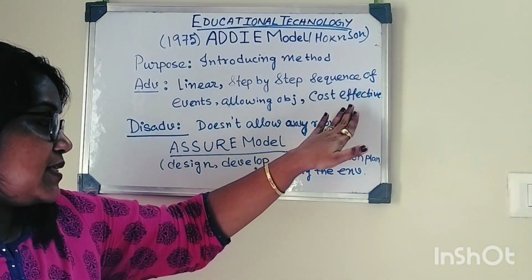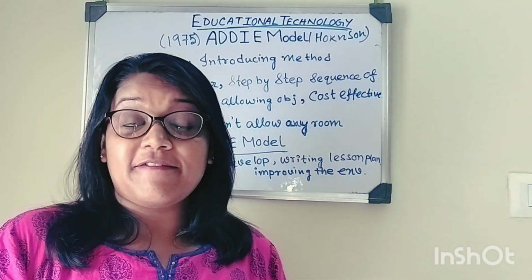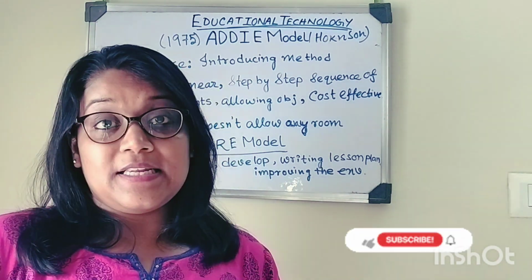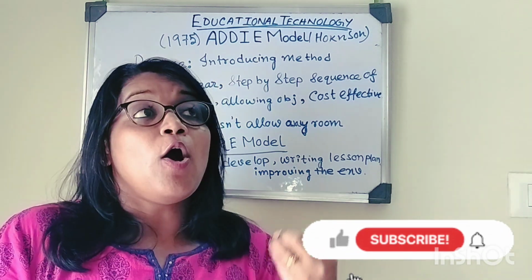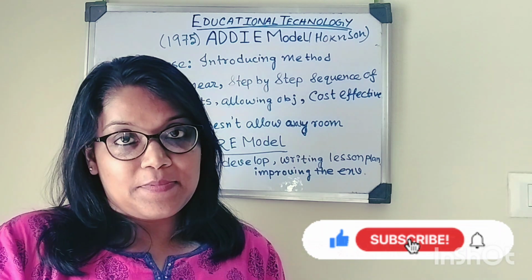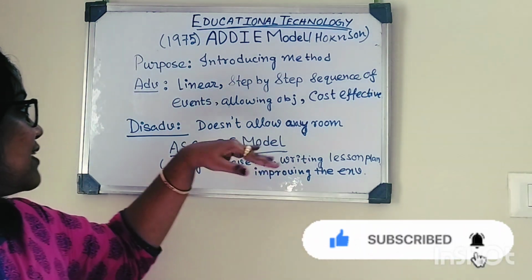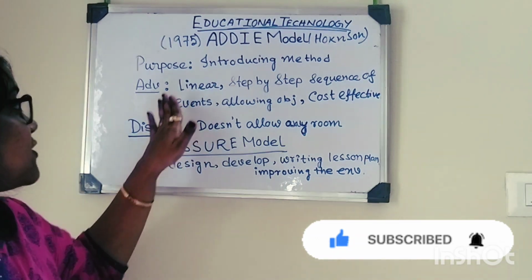It is basically a cost effective method. It saves time, and it promotes effective and efficient learning materials for training specialists, training developers, etc. So I think the different advantages of the ADDIE model are clear.